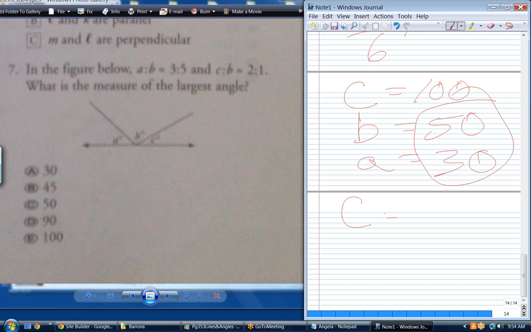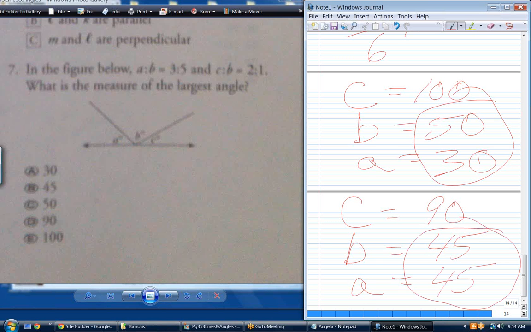Okay, so we know C would have to be 90. B would be what? 45. And A would be what? 45. Yeah. And 90, 45, 45 is not a 5 to 3 relationship.